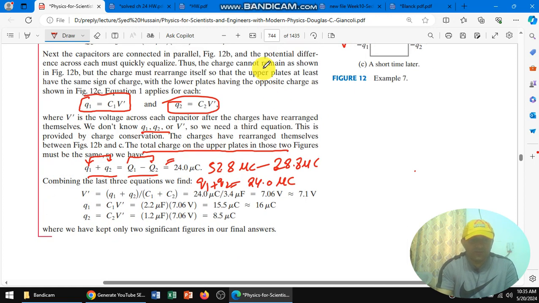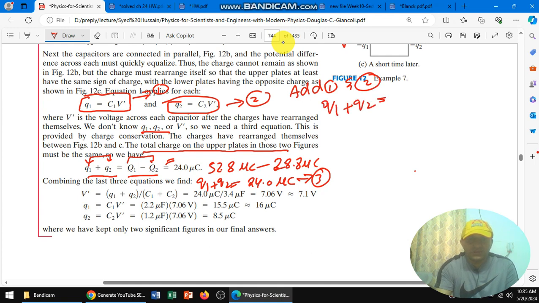Now we use these three equations, equation number 1, equation number 2, equation number 3. This is equation number 3. First we add equations 1 and 2. When we add these two, Q1 plus Q2 is equal to C1V dash plus C2V dash.